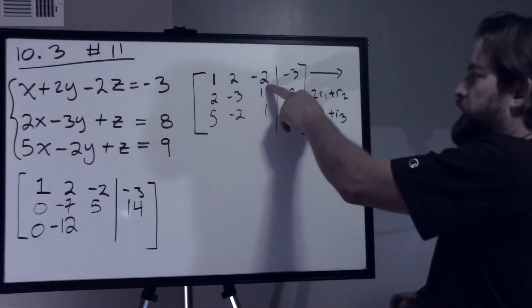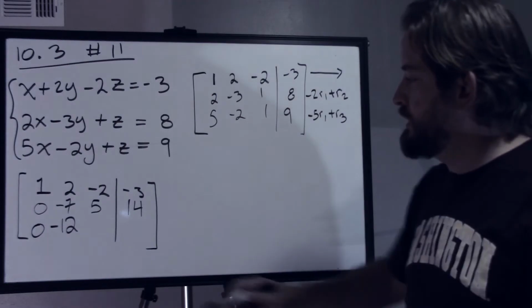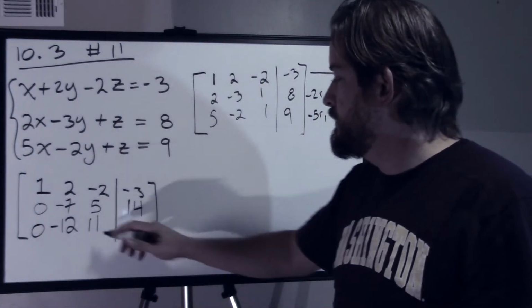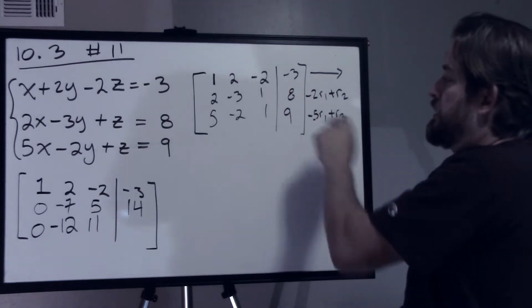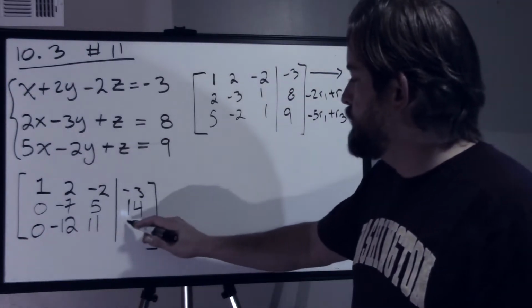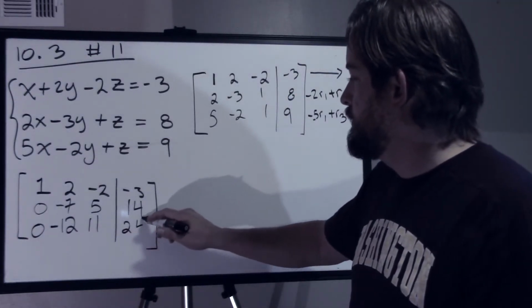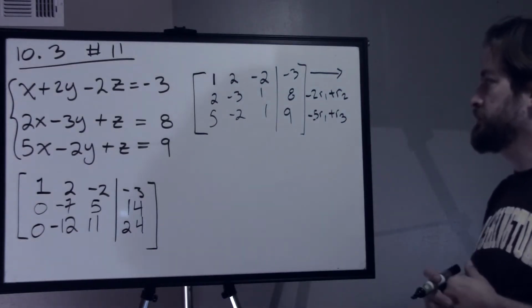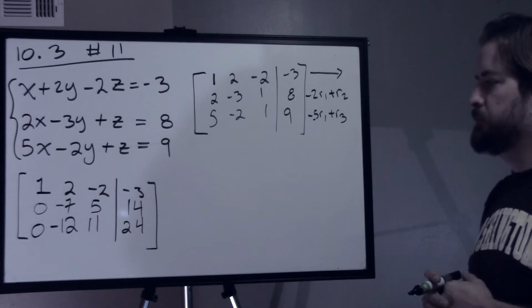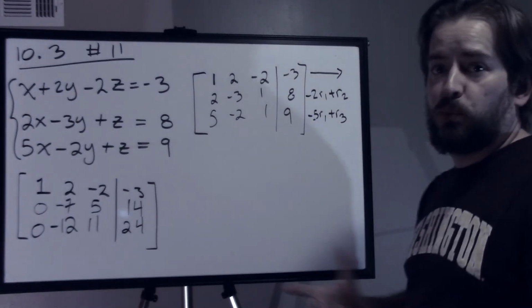Negative 5 times negative 2 is a positive 10, plus 1 is 11. And negative 5 times negative 3 is a positive 15, plus 9 is 24. Great. So step 1 and 2 are done.